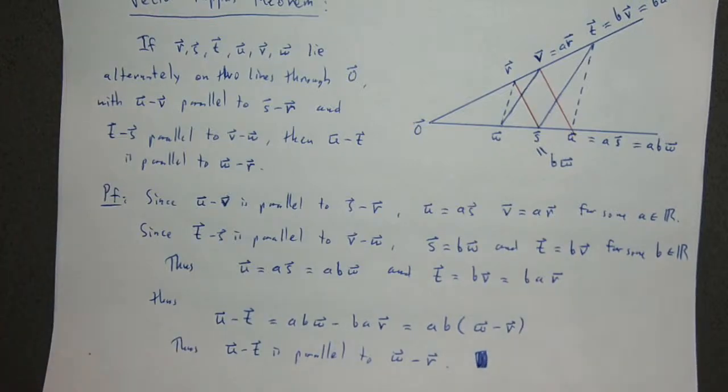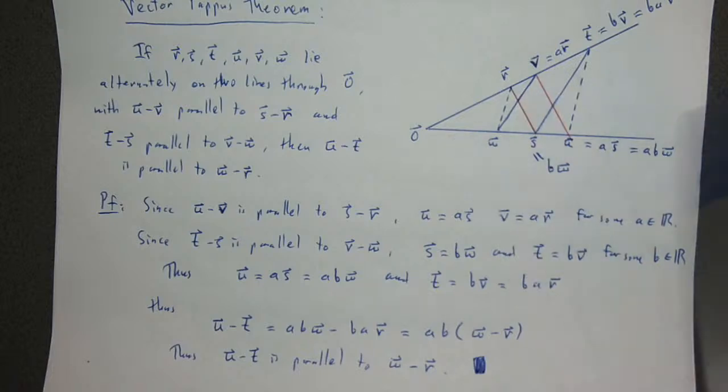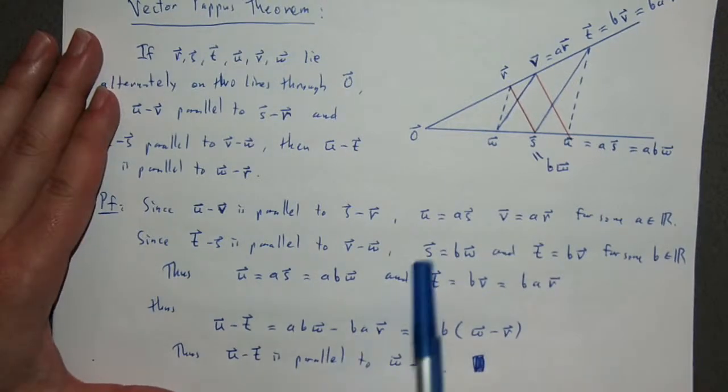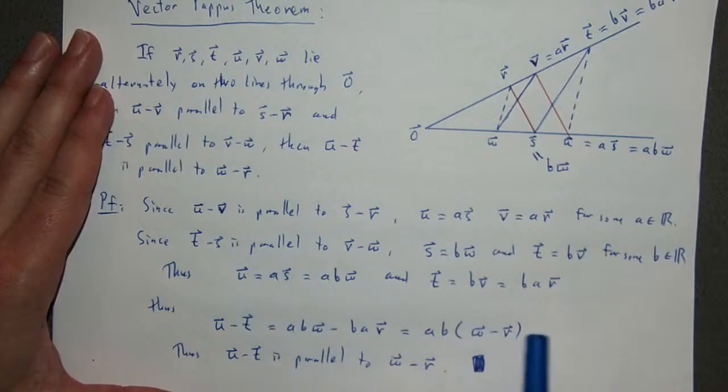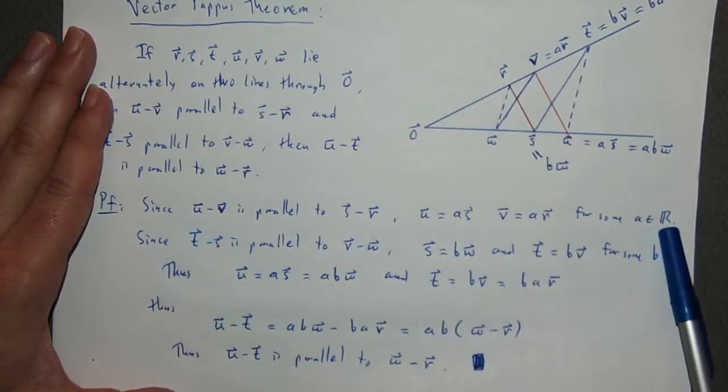Which is exactly what I wanted to say, that these two dashed lines are parallel. Now, this seems like a very straightforward and simple proof once you have this picture and once you just trace through this. This is literally just using the definition of parallel here, and carefully keeping track of these. But there's one thing that seems very simple that could be overlooked, which is: what is the key thing that uses something other than the definition of being parallel? So this line is definition of parallel in both slots.